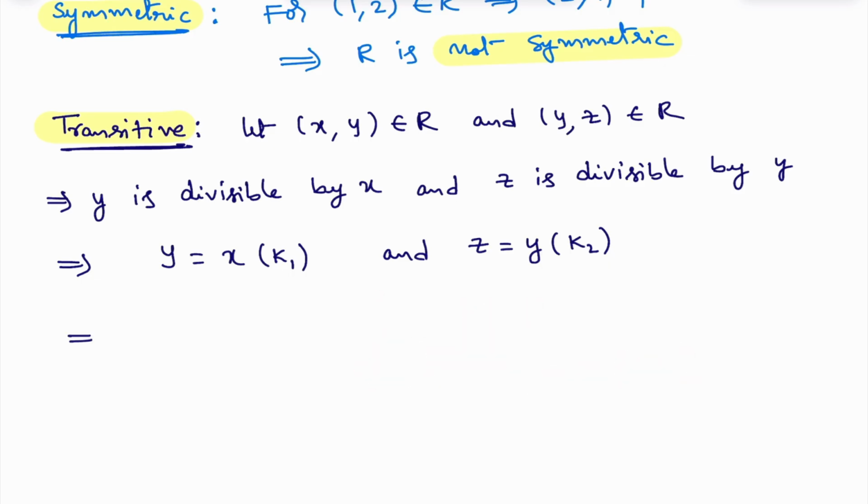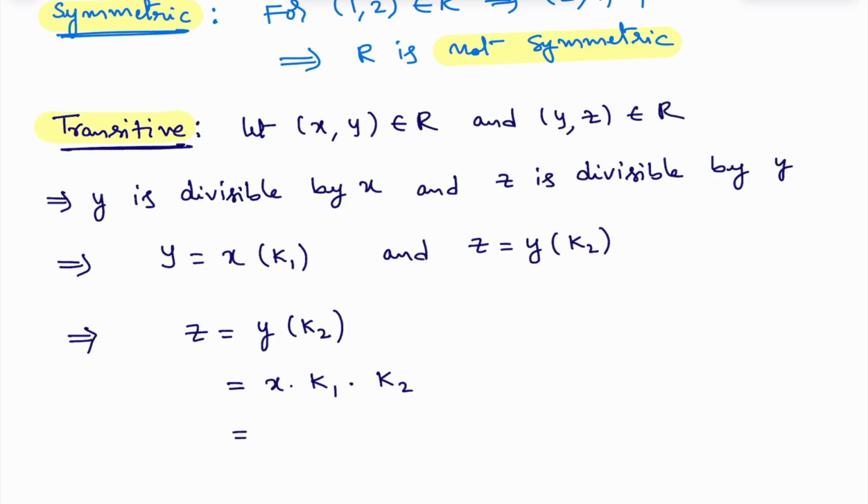Okay, so what I'll do here, first I'll write z is equal to y into k2. Now you observe this further. Here y is there now. That y can be written as x into k1. Then this is x into k1 into k2. Here k1 is an integer. k2 is an integer.